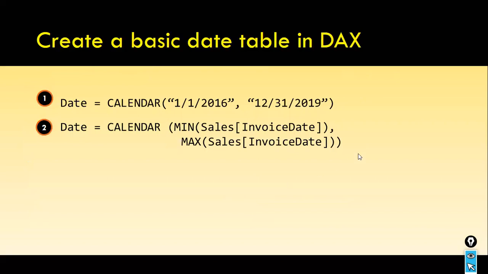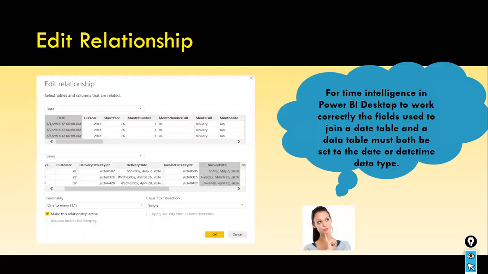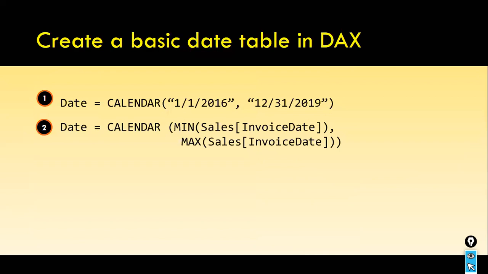Just a quick recap of how we can create the date table. We can use the CALENDAR function, or we can use the CALENDARAUTO function as part of the add columns function. What CALENDARAUTO does is it automatically checks the earliest date and the latest date, based on which it fetches the range.